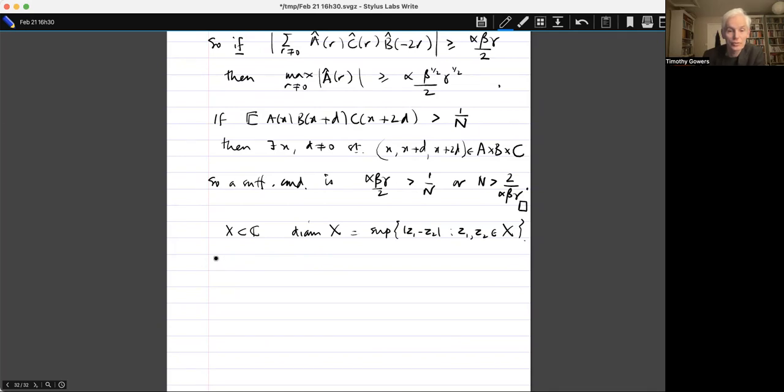Right, let's go. Lemma. Let theta be a real number, and let n be some positive integer.